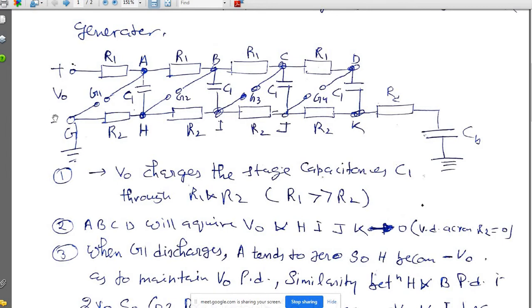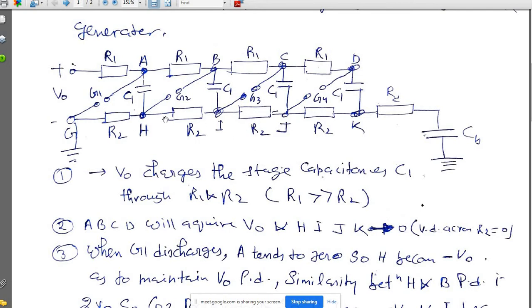Here V0 is the input voltage that charges the stage capacitances C1 through R1 and R2, where R1 is much larger than R2, which is very small. The points H, I, J and K can be assumed to be at ground voltage.